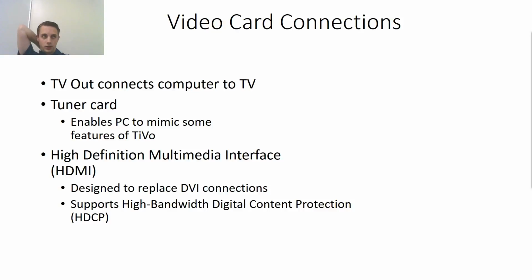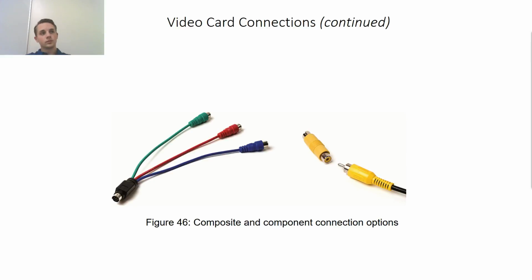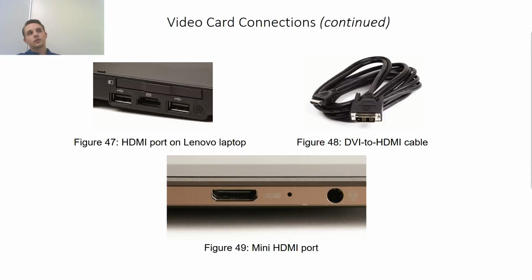Regular video cards won't have it, but tuner cards are nice if you want to record TV, or if you want to watch TV through your computer, you can do that. And then just some composite connection converters and whatnot. Various connections you could have.